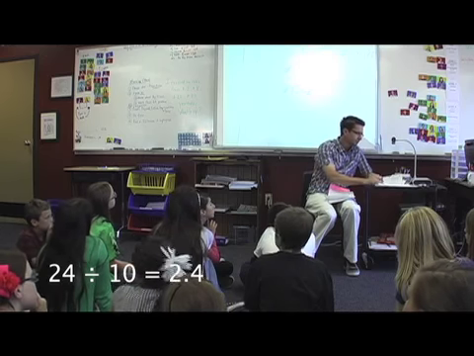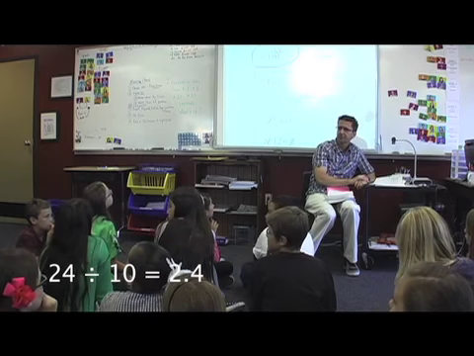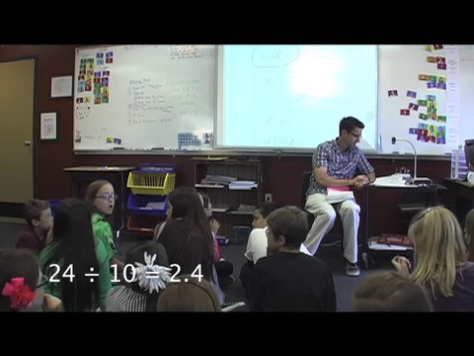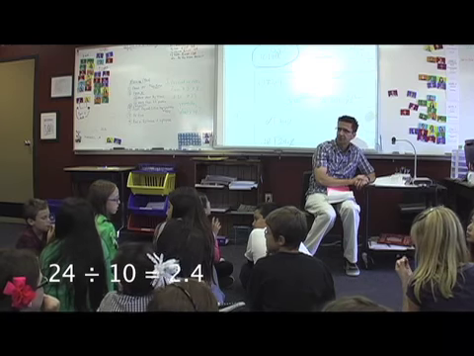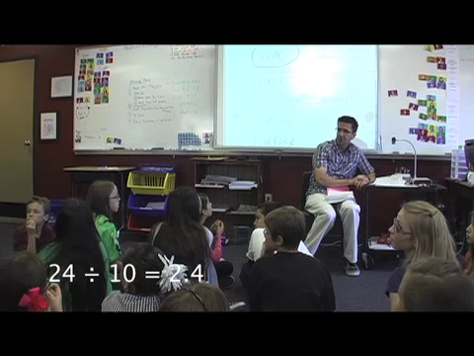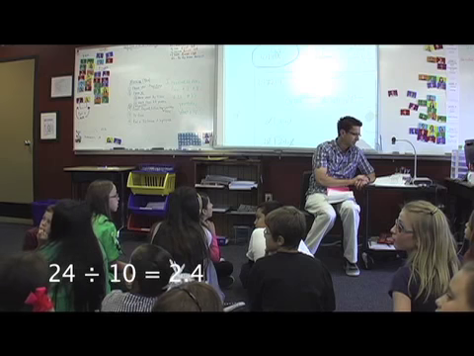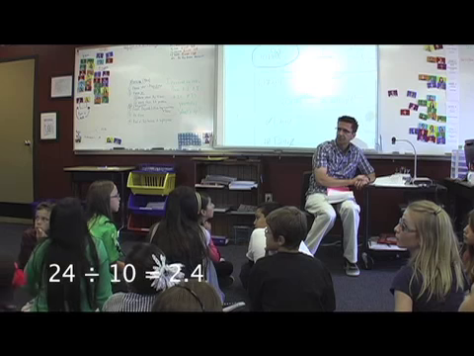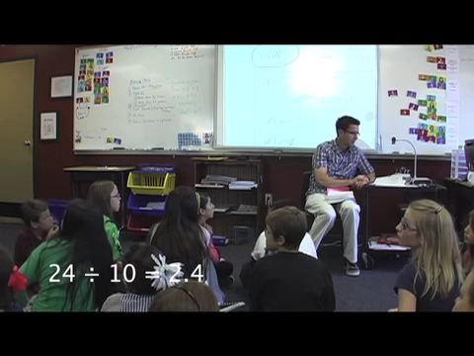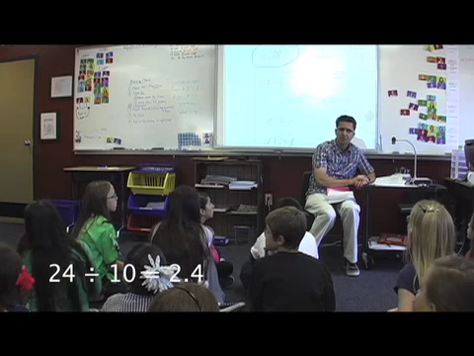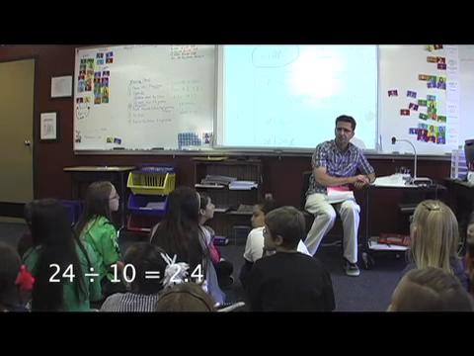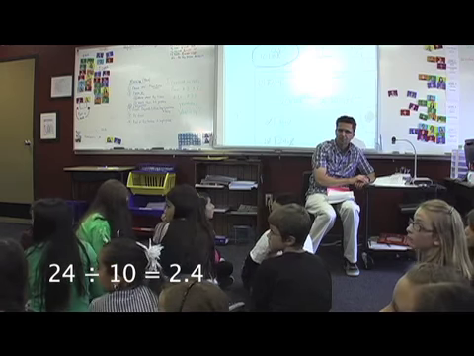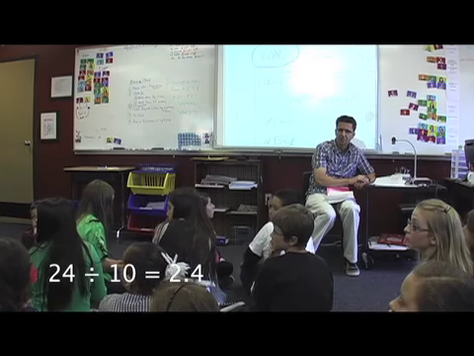Okay, Raymond. I think it's the right answer because if you don't have the point 0, then it would just be 2 remainder 4. But since you have the decimal in there, 0.0, you just bring the decimal up, 2.4. Say what you just said again.